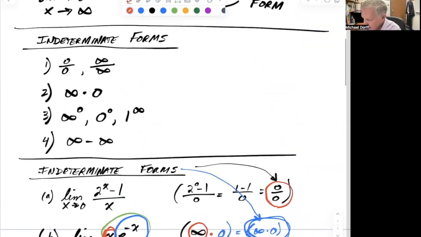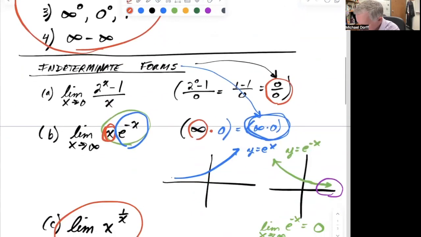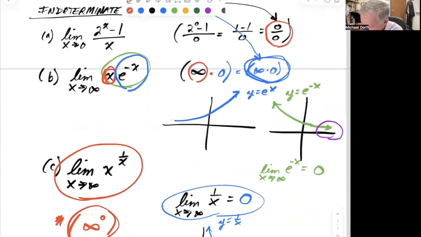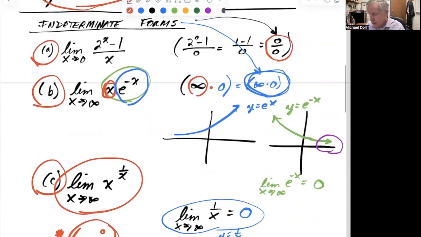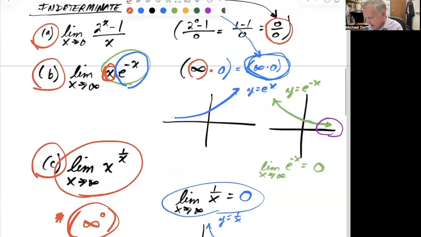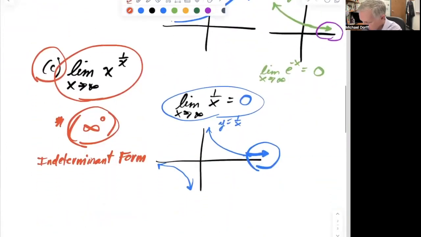Again, we have those all listed up here, the most common ones. And we did 3 examples of types of problems. A, B, and C are all examples of different indeterminate forms, where A is 0 over 0, B was infinity times 0, and C was infinity to the 0 power.